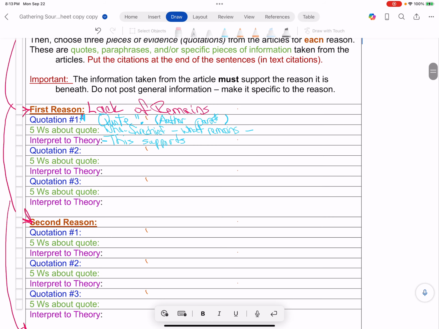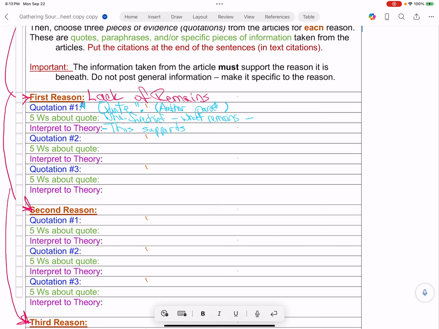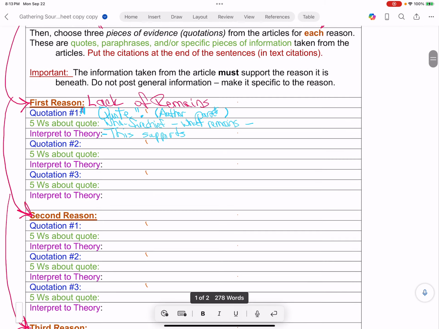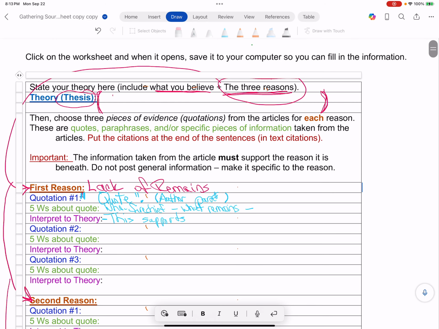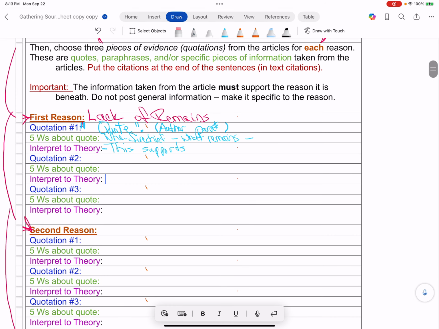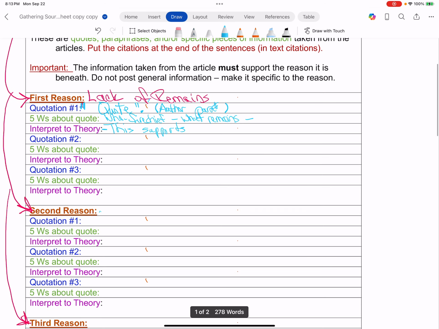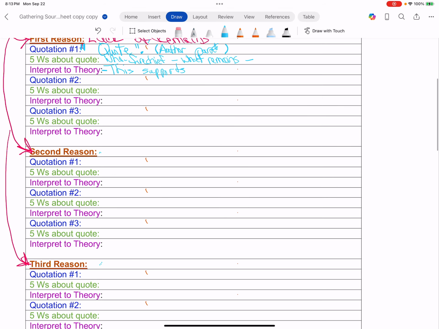So each time you do a quote, you do the 5 W's about the quote. Try to find out all the information that you can about the quote. And then you do the interpretation back to your theory, your lack of remains. So your second reason is going to be something else, and your third reason is going to be something else.